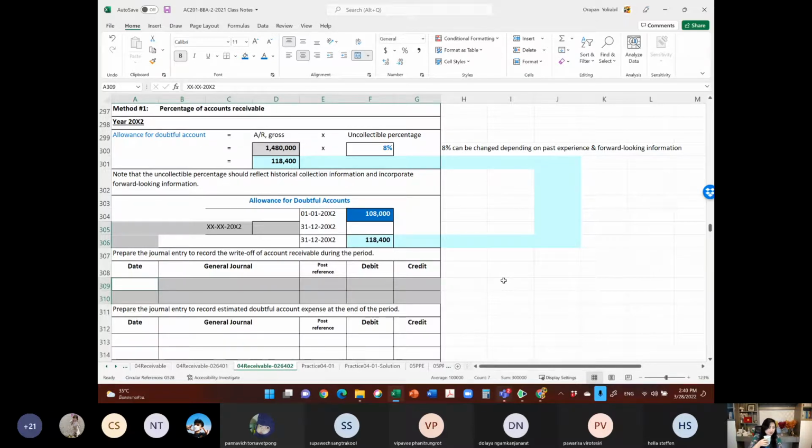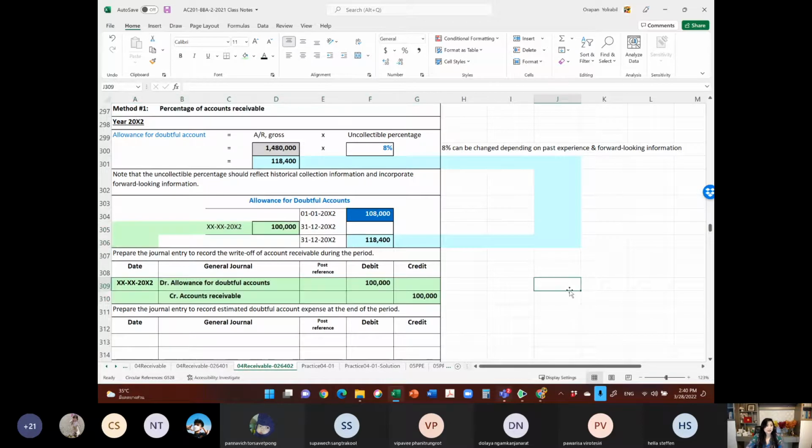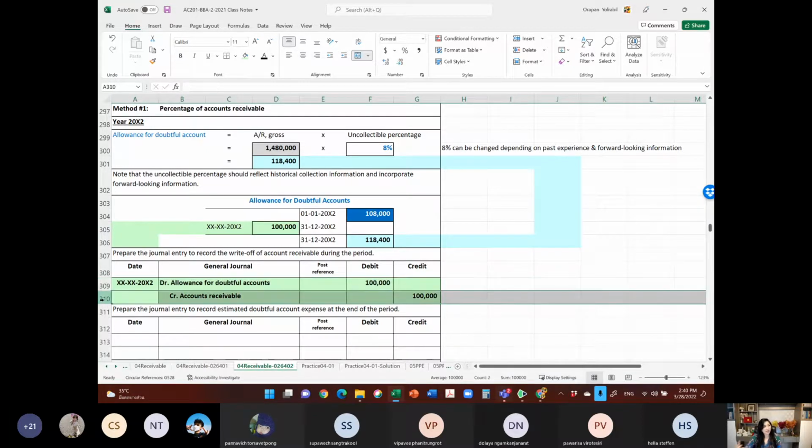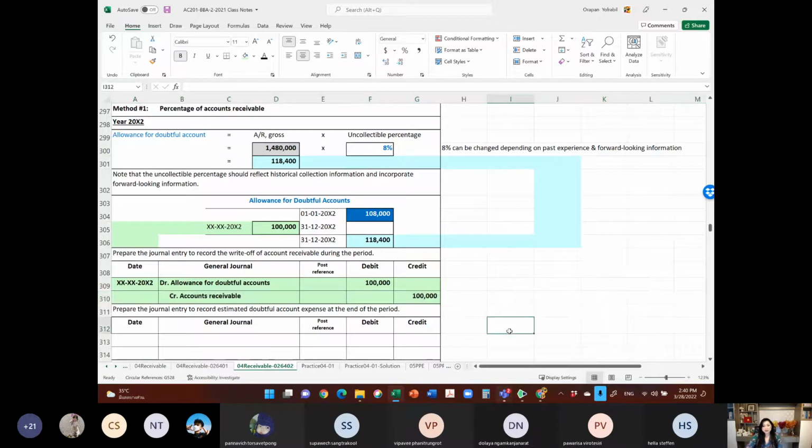Have you written off any of the accounts receivable in year number 2? 100,000. All right, so you have already written off 100,000 of the accounts receivable based on the information given. So the entry that you have to record would then be debit to the allowance, credit to the accounts receivable of that specific customer, whoever the case is.